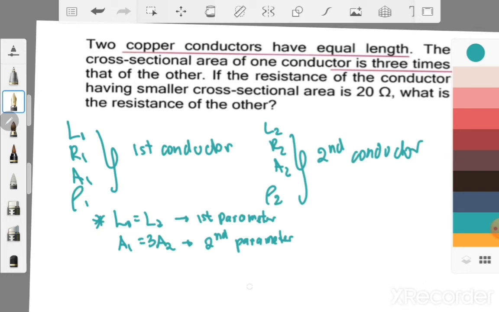Probably not, because they have equal length and different area. We have rho 1 equal to rho 2 because they are made of the same material.